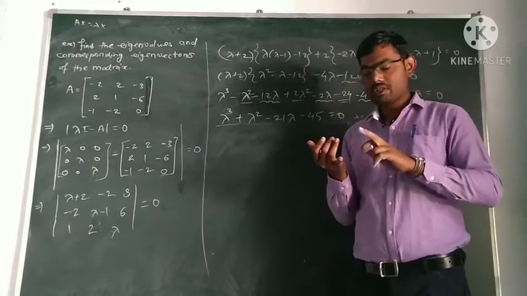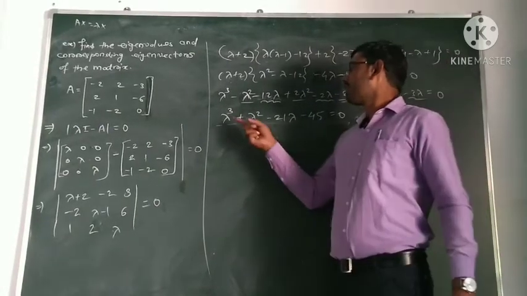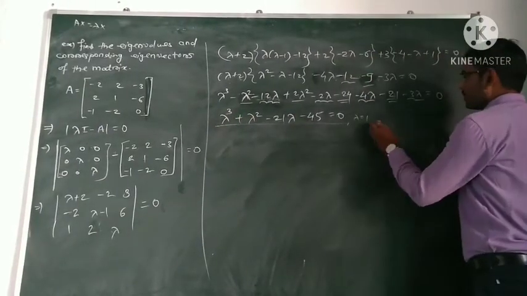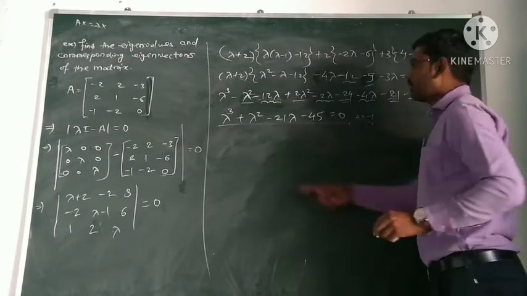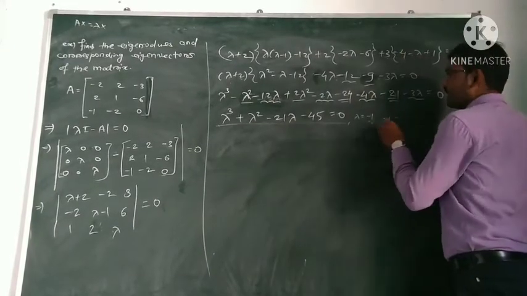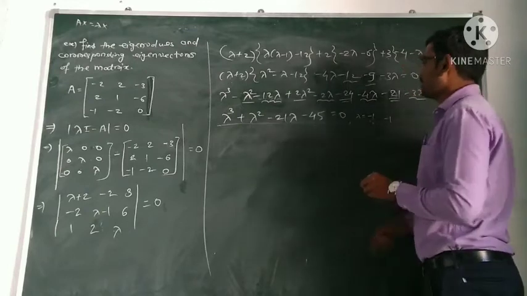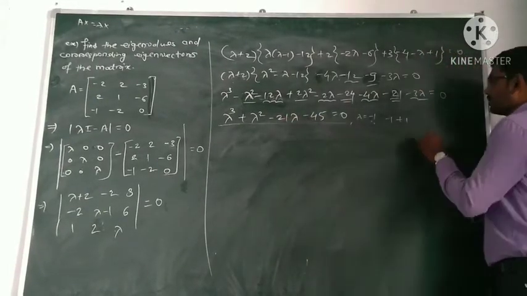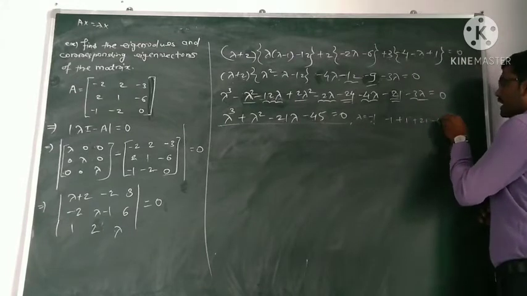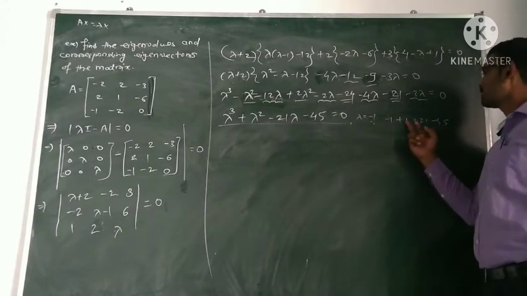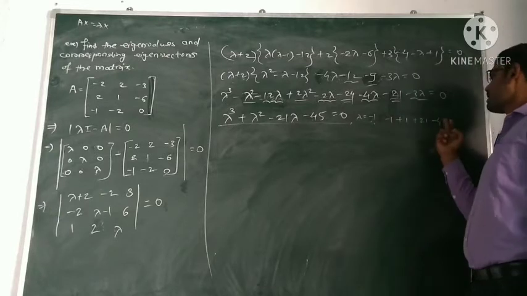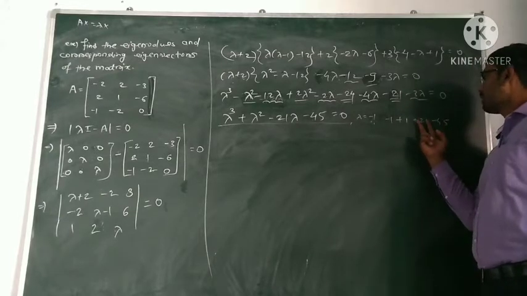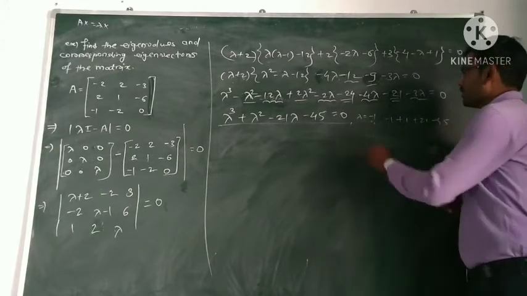Now try to put lambda is equal to minus 1. Minus 1 cube is minus 1, then minus 1 square is plus 1, minus 21 into minus 1, so plus 21, minus 45. Again 21 plus 1 is 22, minus 1 minus 45 is minus 46, plus 22, minus 46, not equal to 0.